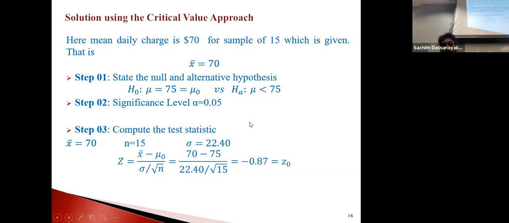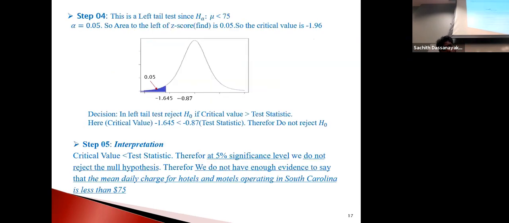The third step is to calculate your test statistic. Whether you use the p-value approach or the critical value approach, you have to come up with these 3 steps, and finally find the test statistic. Then you can decide which approach to use.